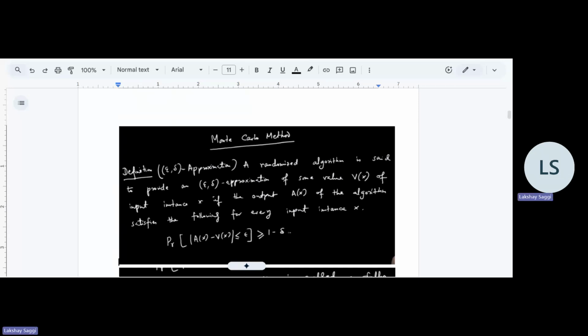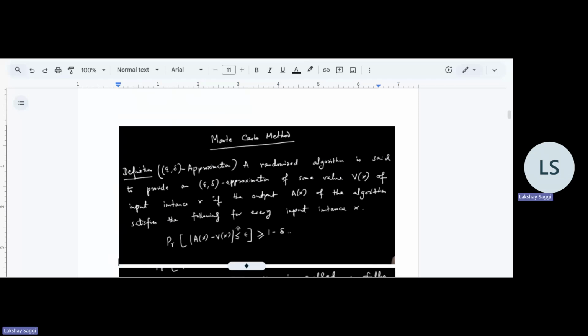One of the most widely used use cases is the Monte Carlo methods, which are used a lot in the real world to simulate many experiments to find out values of certain constants and so on. So we should know about them. But before starting with these Monte Carlo methods, let's start with some definitions.